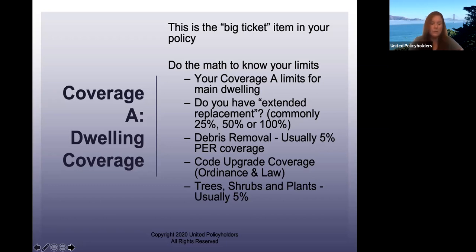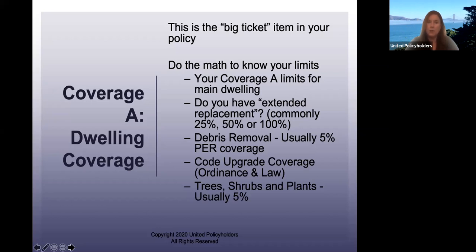Most of the policies which you will have are called replacement cost policies. It's very confusing for consumers, because many people assume that replacement cost means, if I lose my house, they'll replace it. Well, it doesn't really mean that.